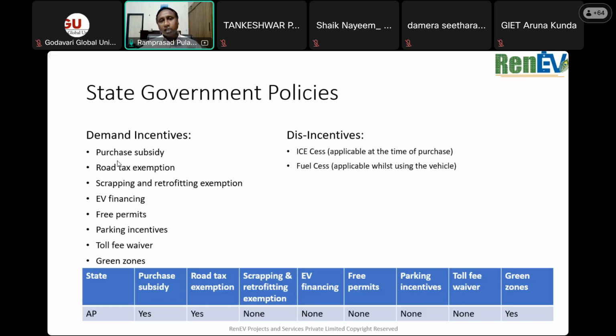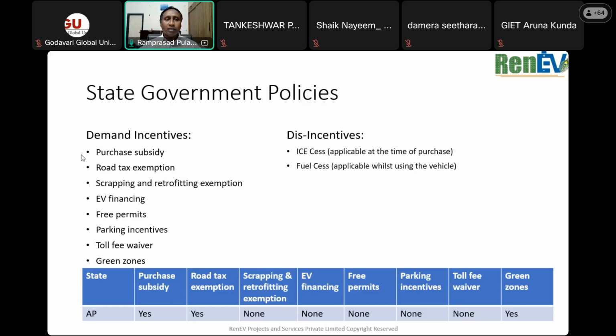Some of the states are giving purchase subsidy for buying vehicles. Many states are providing subsidies for purchase of electric cycles, and some for three-wheelers. With a direct subsidy, they will give an amount, let's say 5,000 rupees for purchase of an electric cycle, or 10,000 rupees for purchase of a three-wheeler.